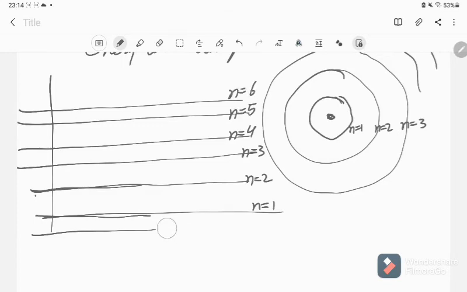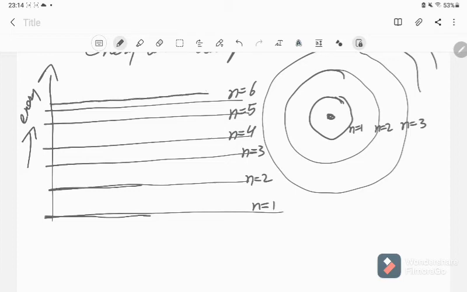This is energy, increasing energy. So slowly this line will become like this when you increase the orbit. Let's say n equal to infinity.